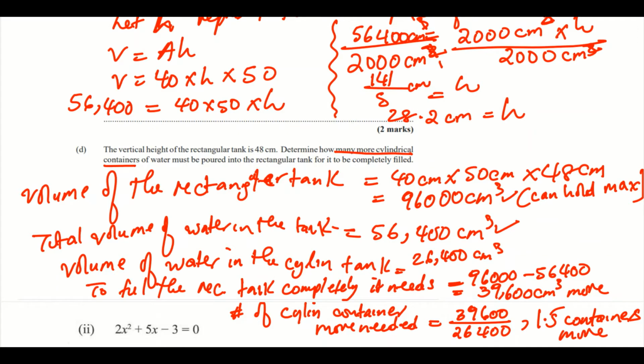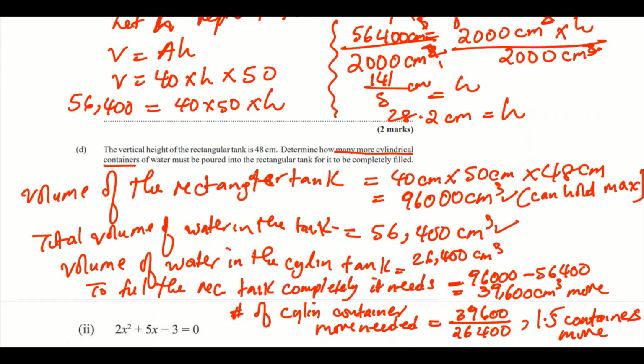I should have organized my space better, but the point is, we know the volume of the rectangular tank, the complete volume that it can hold, the total capacity of the water that can be held in the tank is 96,000, right? The total volume of water that is already in the tank is 56,400. So how much more it needs to be filled is 39,600.